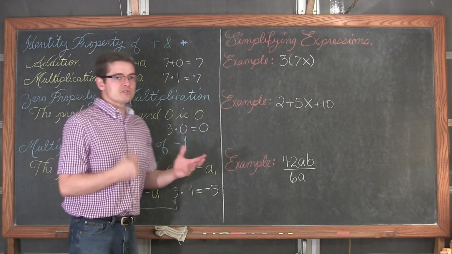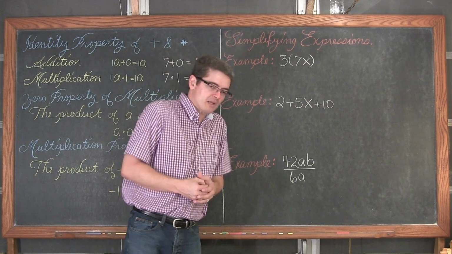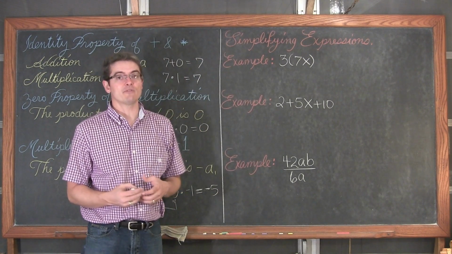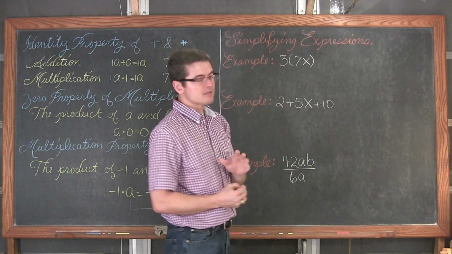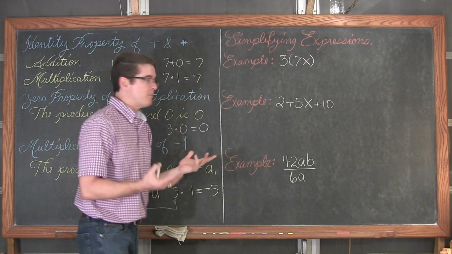Simplifying algebraic expressions, or just expressions in general, even though these are all algebraic, they have variables in them. So we're going to take this 3 times 7x, and if you're really strong in your algebra skills, you probably already know the answer.